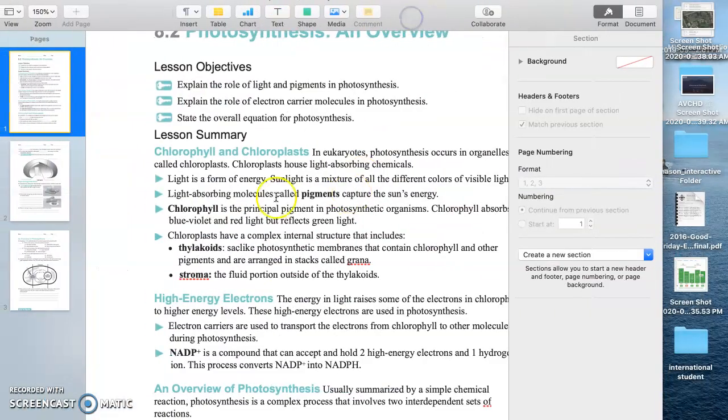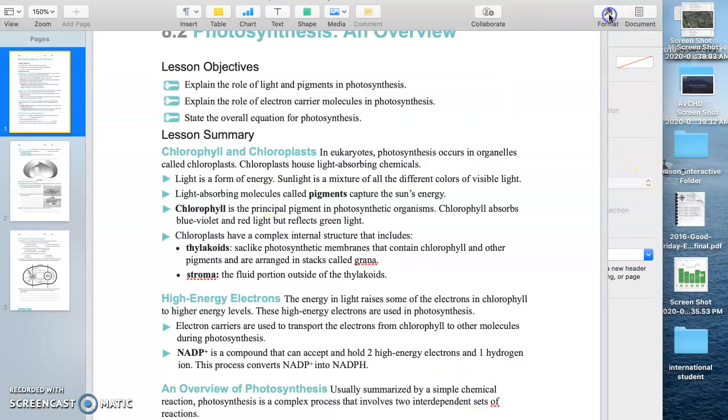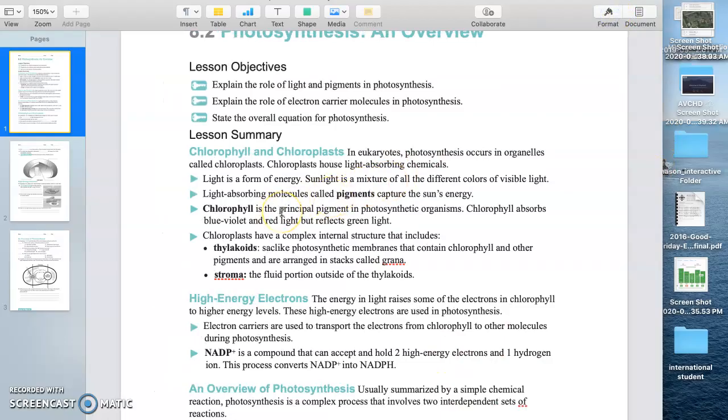Okay, so light is absorbed into molecules called pigments, and the most common pigment that we find in plants is chlorophyll. In fact, there's two different types of chlorophyll. There's chlorophyll A and there's chlorophyll B. And they absorb light in the blue range and the red range. You'll notice they reflect green light. They don't use green light very much, which is why plants are green.